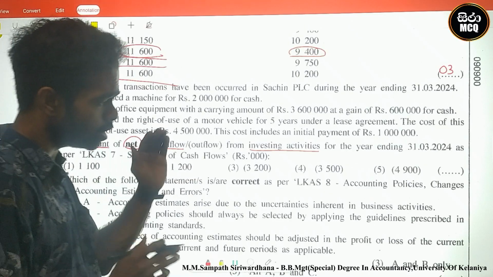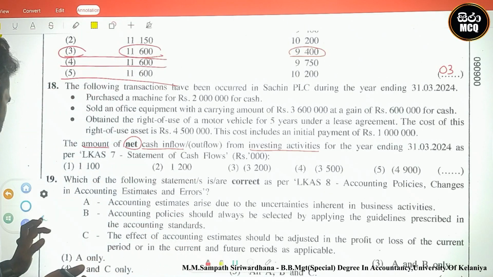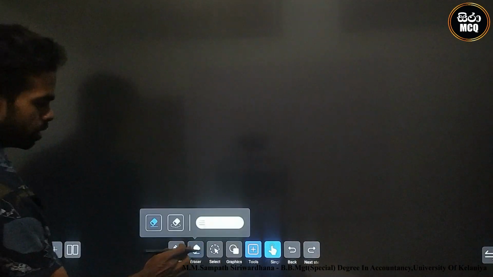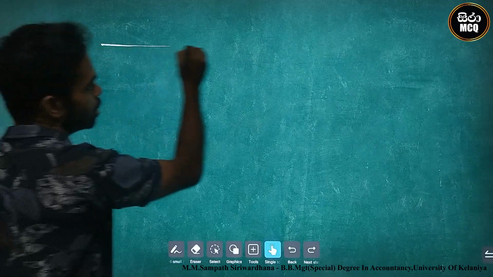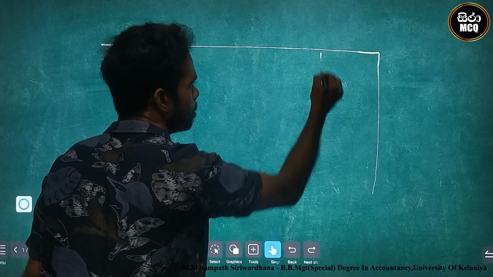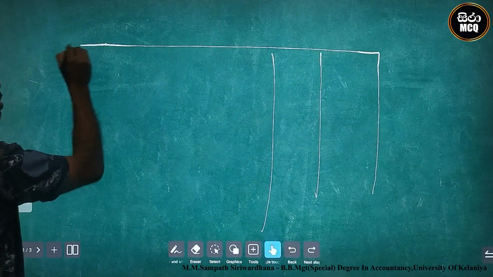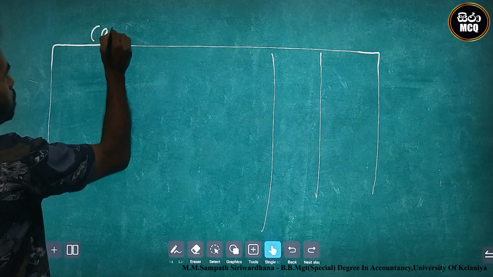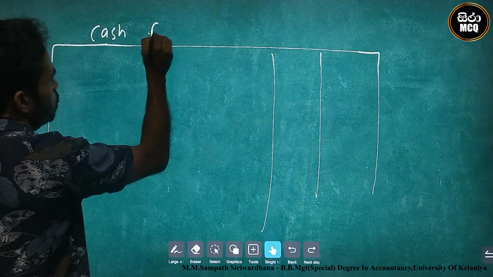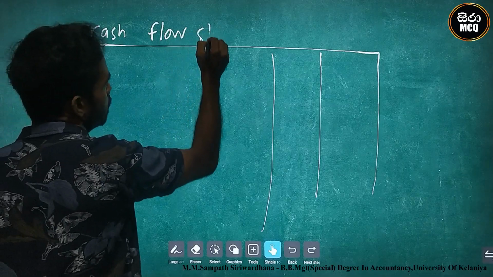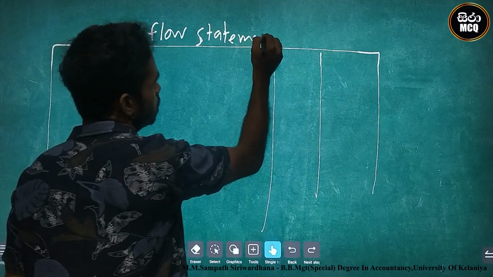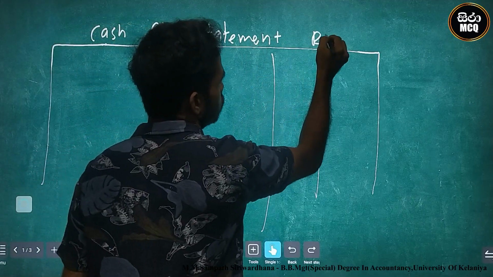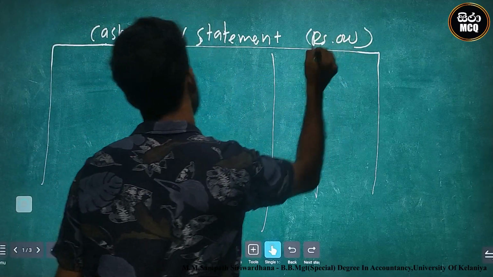You know there are investing activities. Look here, in the cash flow statement there are two columns, in rupees 1000.